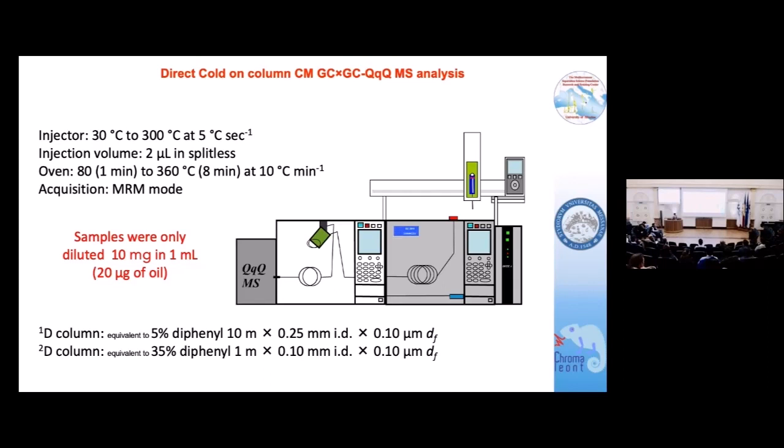Regarding the analytical column, we employed a quite short column, only 10 meters, with a thin stationary phase in order to easily allow the elution of the triglycerides. And regarding the sample prep, only dilution. So we diluted 10 milligrams of extra virgin olive oil in 1 ml of solvent.